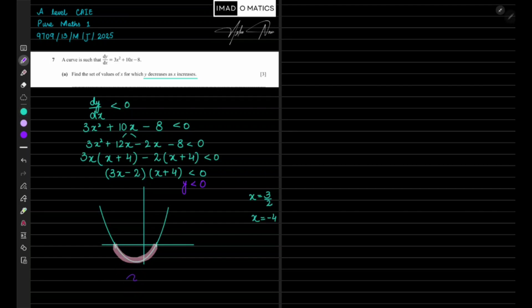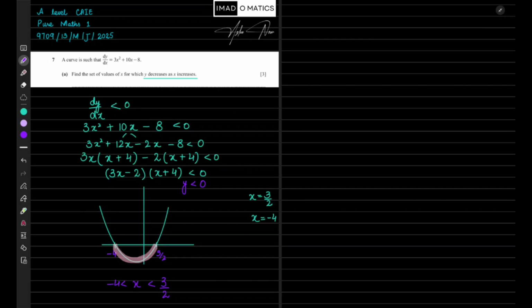X is greater than 3 by 2. No, minus 4. Because this is minus 4, this is 3 by 2. So x is greater than minus 4 and less than 3 by 2. So this is your required set of values for which y decreases as x increases.